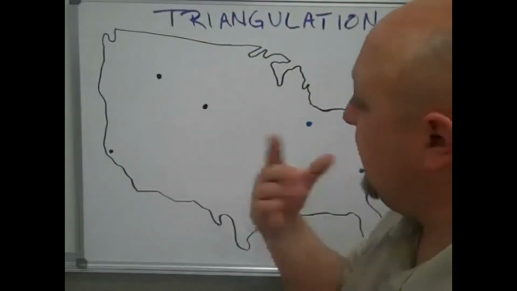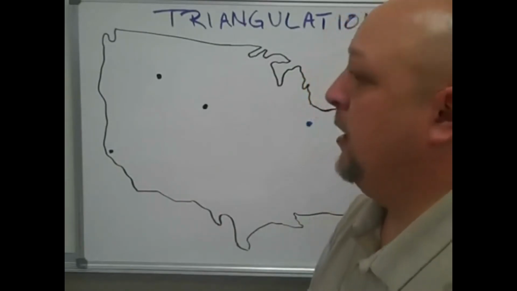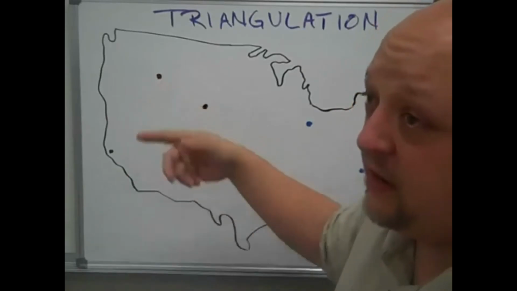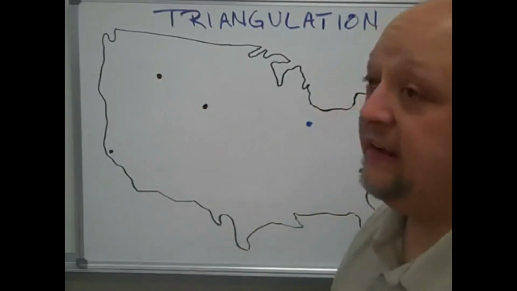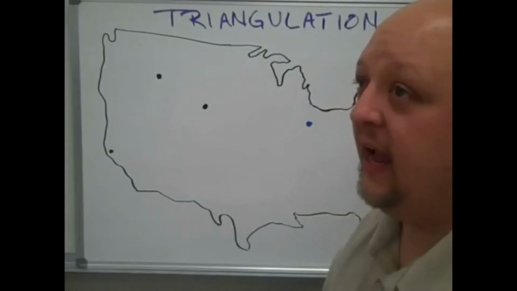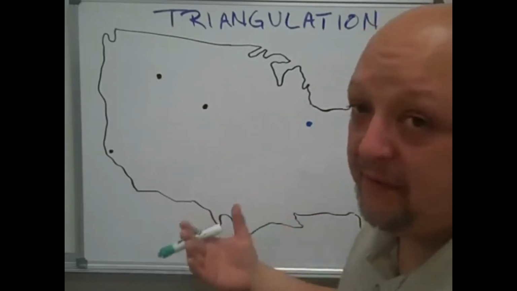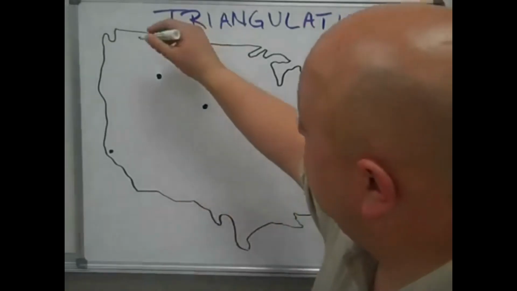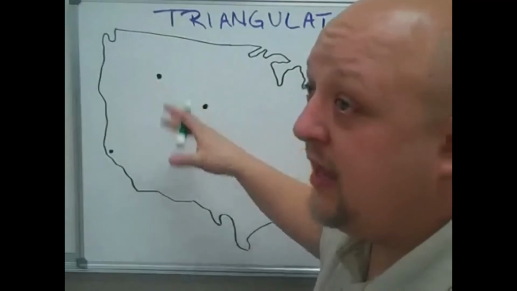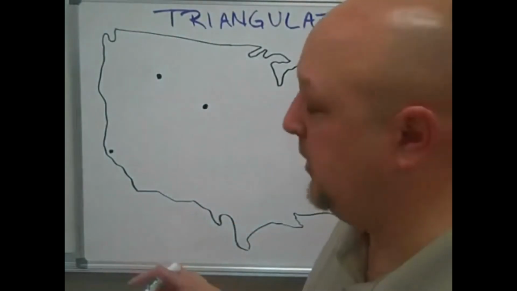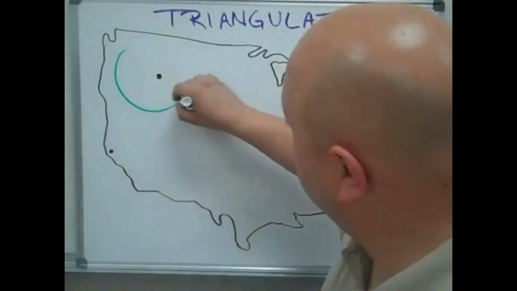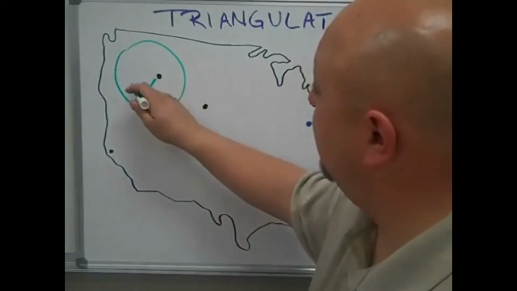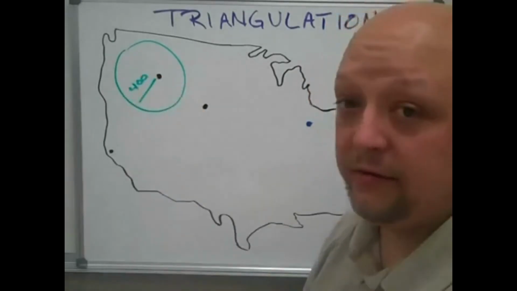Let's say that an earthquake happens, and let's say that this seismic station right here in South Dakota registers the earthquake, and it measures the time interval between the arrival of P and the arrival of S, and it finds out that the earthquake happened 400 miles away. Well, what you do is you draw a circle around that seismic station that has a radius of 400 miles.